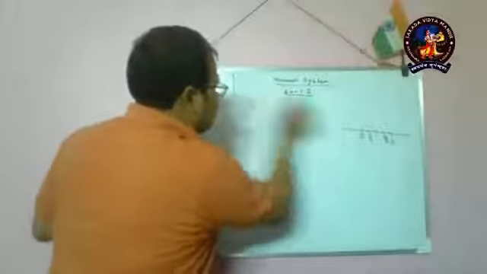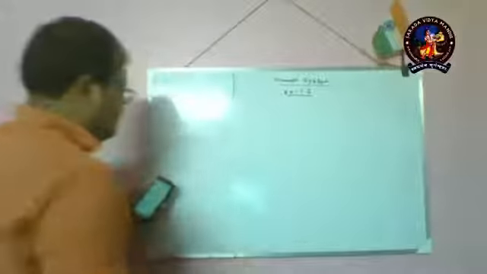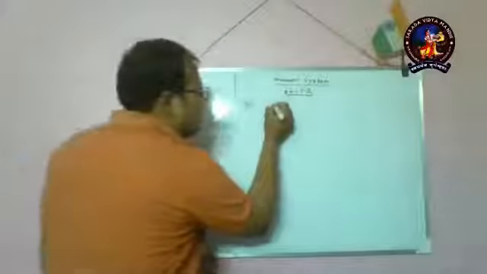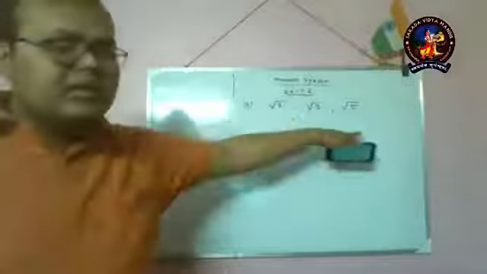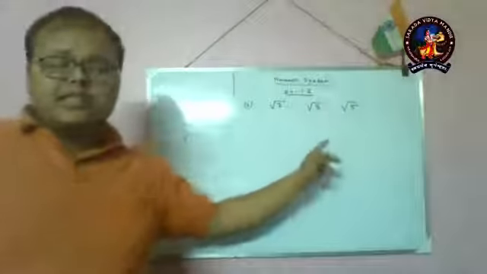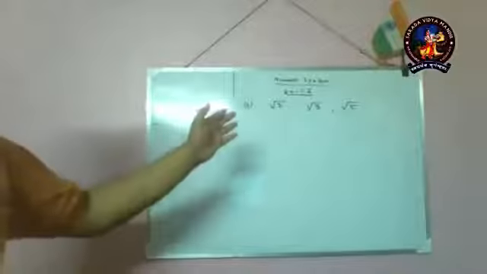Next, number 2. Are the square roots of all positive integers irrational? We have seen that the square root of 2, square root of 3, square root of 5 are irrational numbers, where these numbers are positive integers.